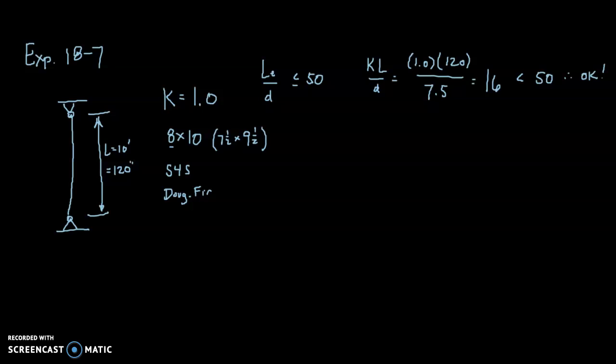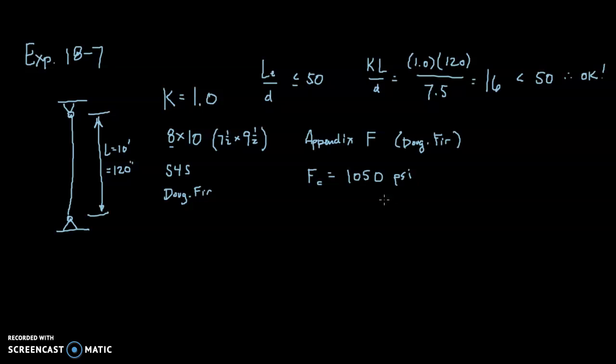Now we need to go to appendix F in the textbook and look up some values for Douglas fir. We've got F sub C, the allowable compressive stress parallel to the grain for Douglas fir, which is 1050 psi. That's a slight difference from steel.